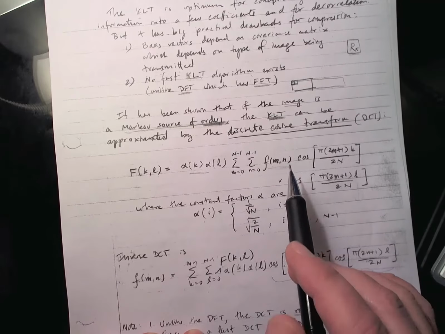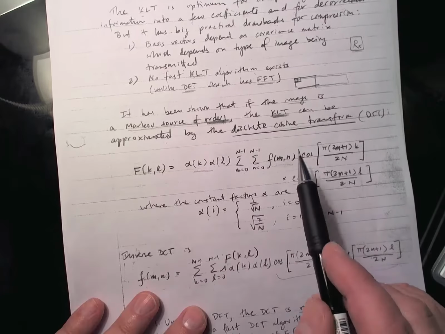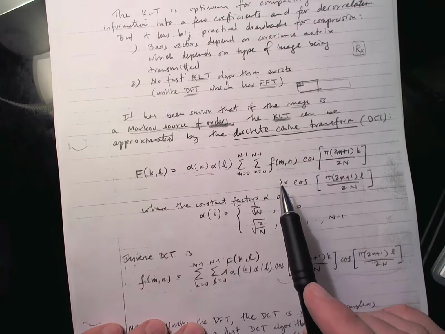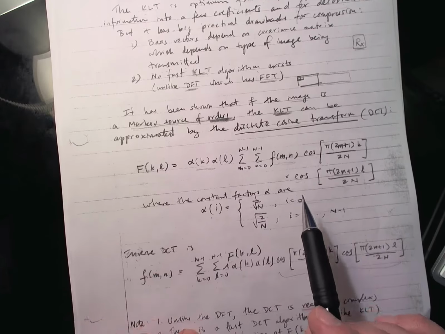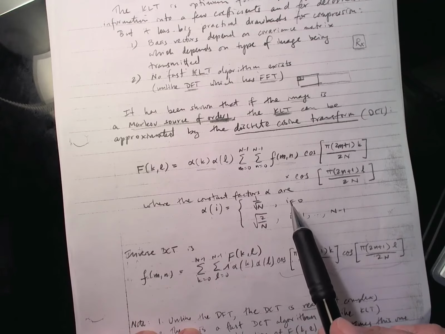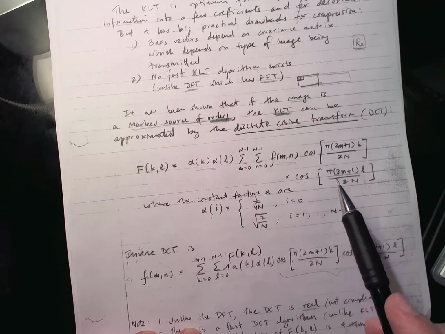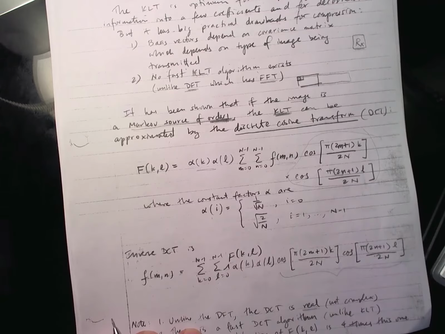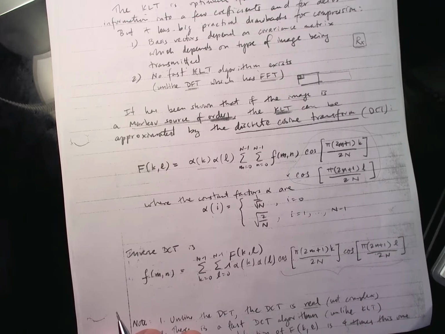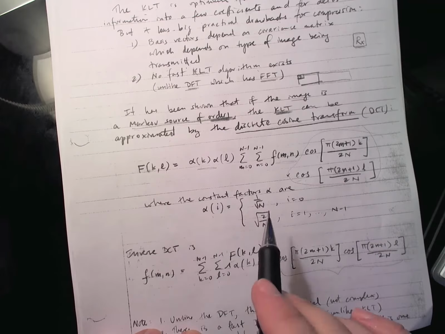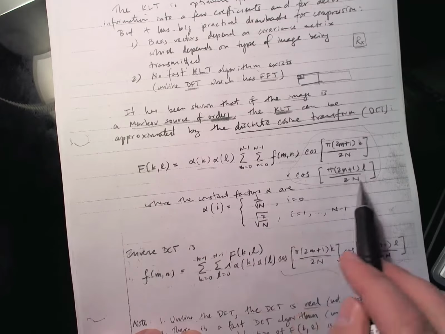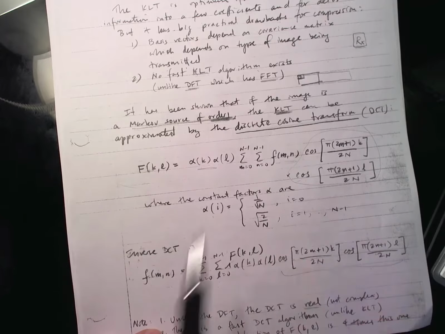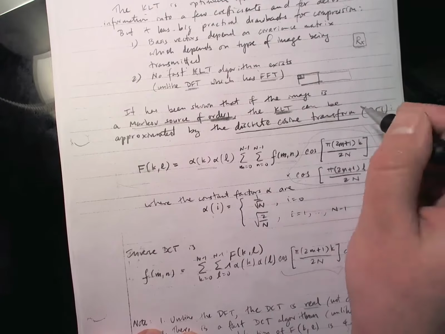So if you make that assumption you can prove mathematically that that fancy KL method that I described produces as its basis vectors these cosine functions. And so the coordinates in that representation we described would be computed by doing this transformation, which is called a discrete cosine transform, or DCT.